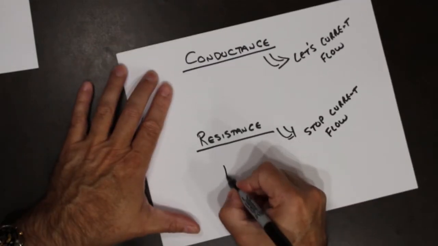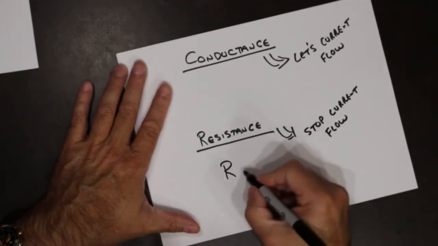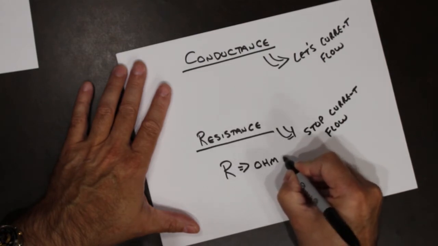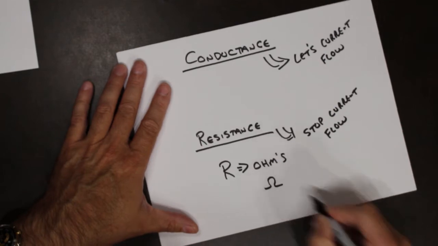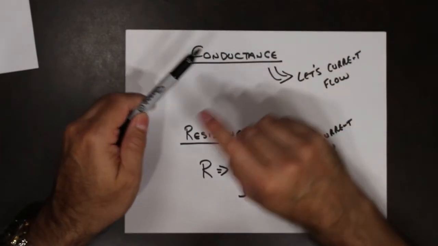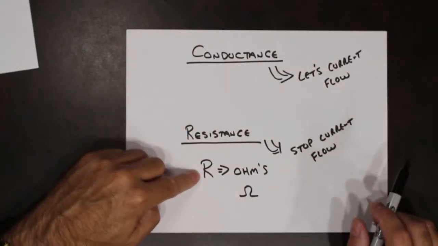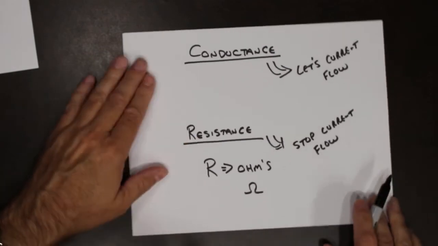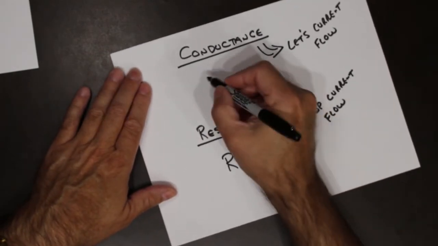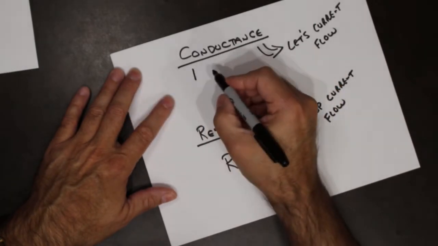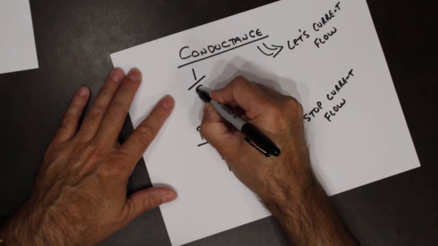Resistance was measured in ohms. Conductance is the opposite of resistance. It's actually the complete reciprocal. Conductance has the symbol G.